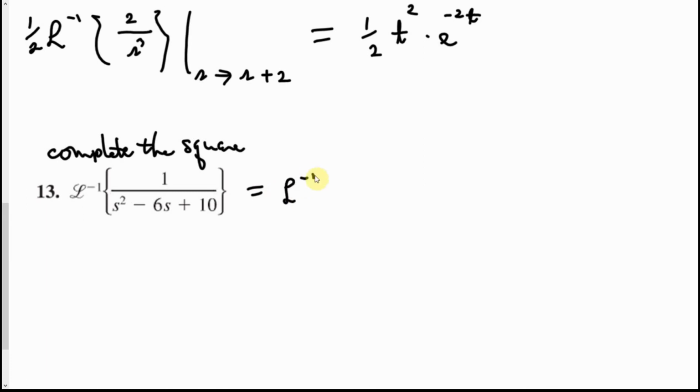So this is the Laplace transform of 1 over s squared minus 6s. Take half of the negative 6, we get negative 3. Square that, we get 9. So you're going to add a 9 and subtract a 9 right there in the same area, plus a 10.